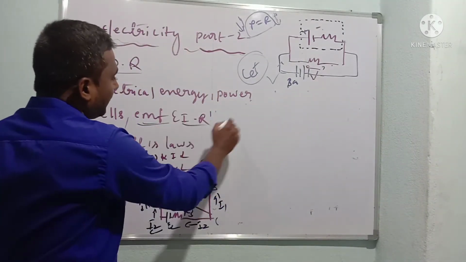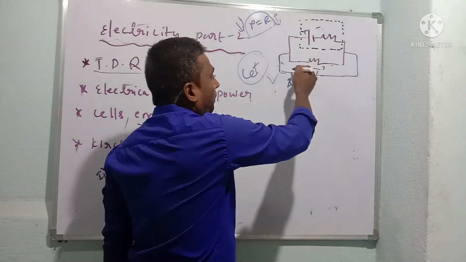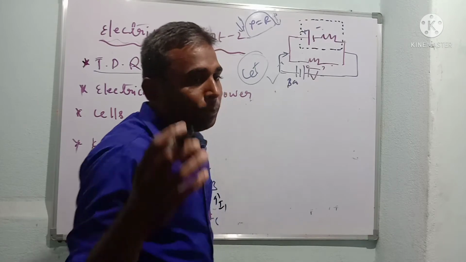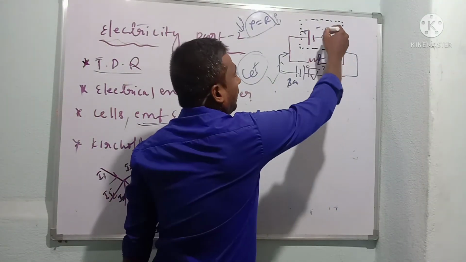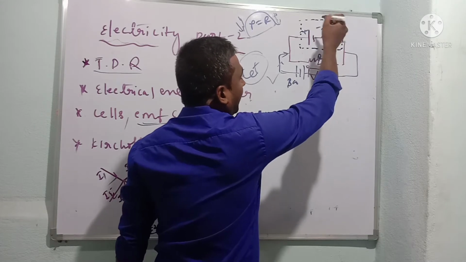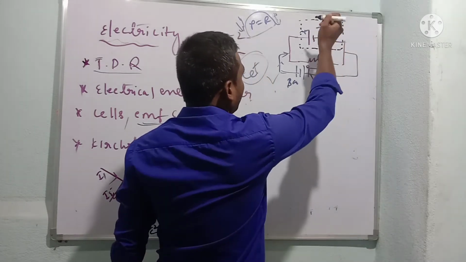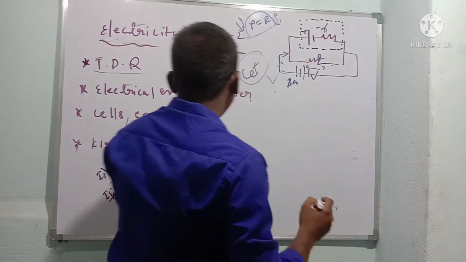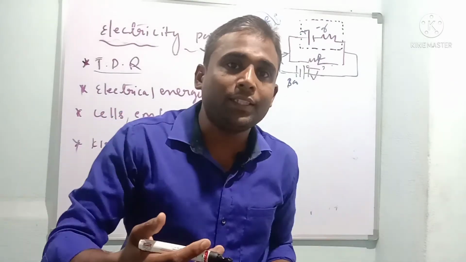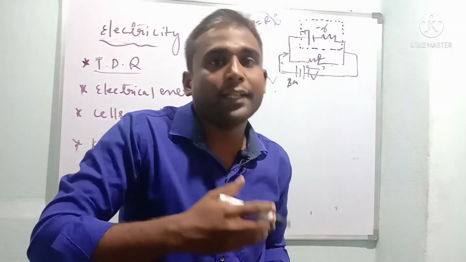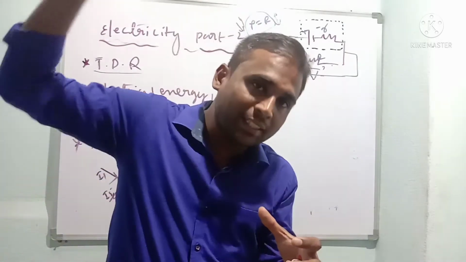Okay, and what is internal resistance? Children, when I pass current here, the opposition to the current is not carried only by the resistor, but also by the electrodes and electrolytes in this circuit. So that is called internal resistance, meaning the opposition offered by the electrolytes and electrodes in the circuit after passing the current.